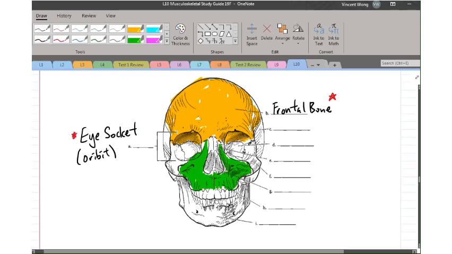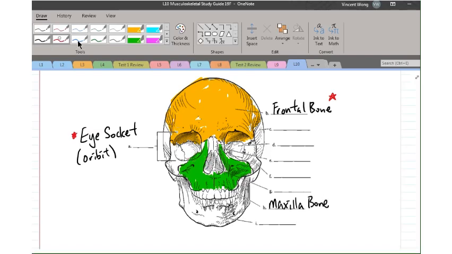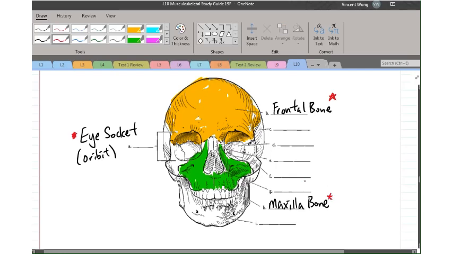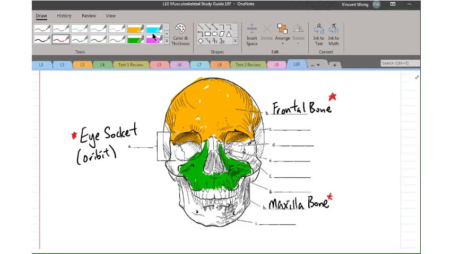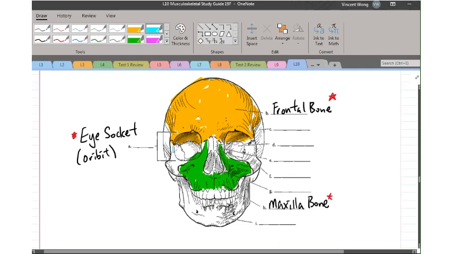We have another one here that is the maxilla, right? Maxilla bone, and it forms the inferior side of your eye socket. I'm going to put a star there, as it also forms your upper jaw and the sockets for your upper teeth. We have another one here, right?